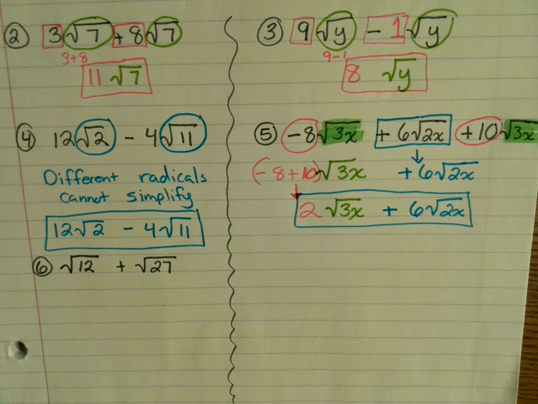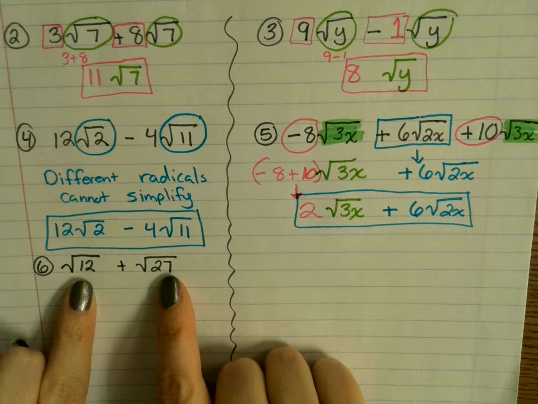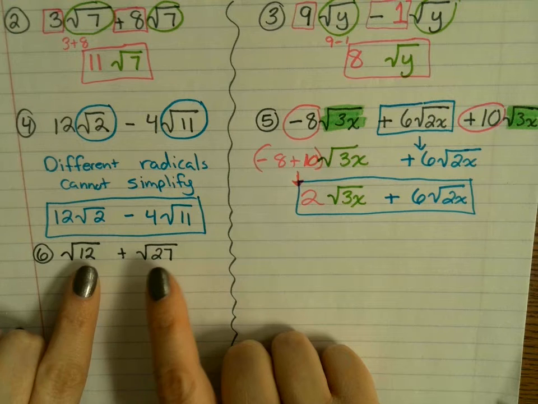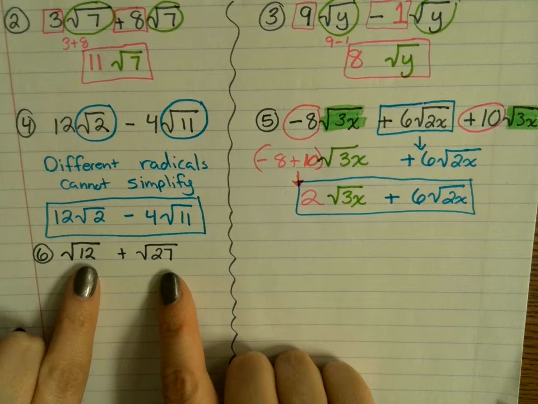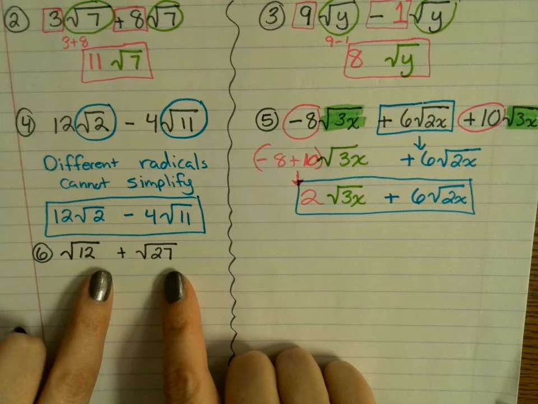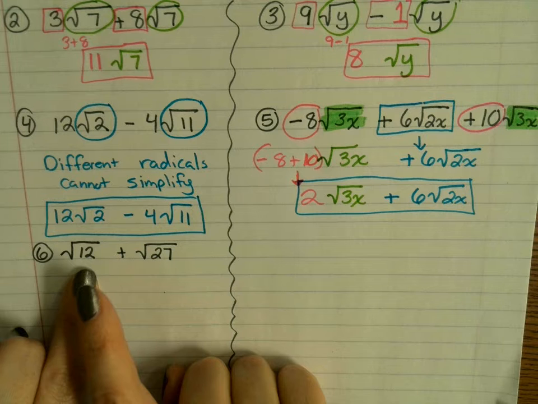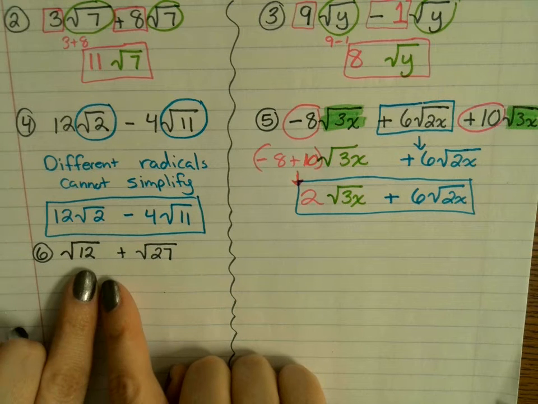I can make them into like radicals, because even though 12 and 27 are not the same, they are also not simplified. Square root of 12 is not a simplified radical. And in fact, I can break square root of 12 up.